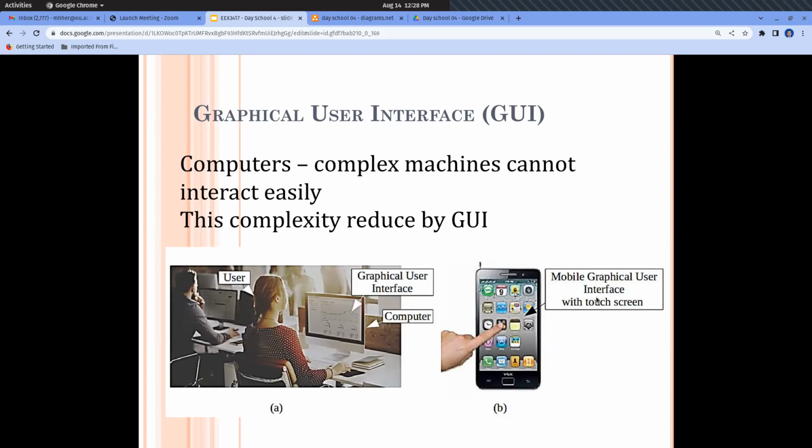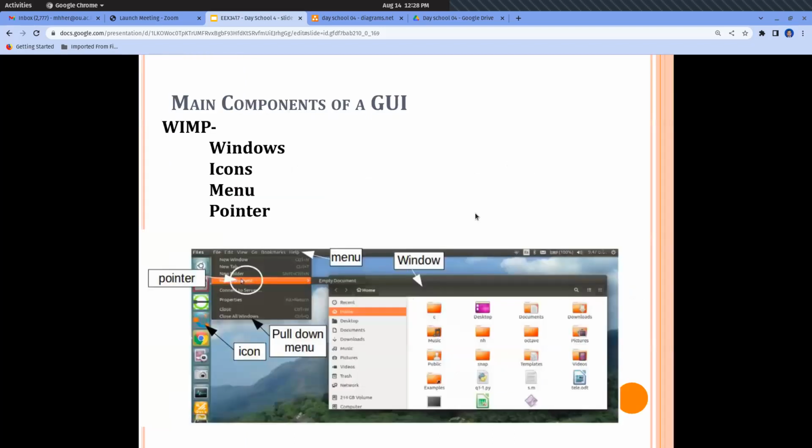There are some differences between them. The main components of a graphical user interface are windows, icons, menus, and pointers. The pointer is where the mouse goes.